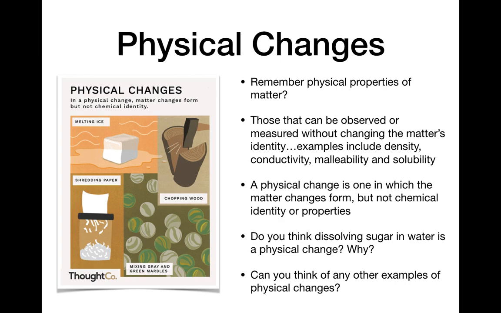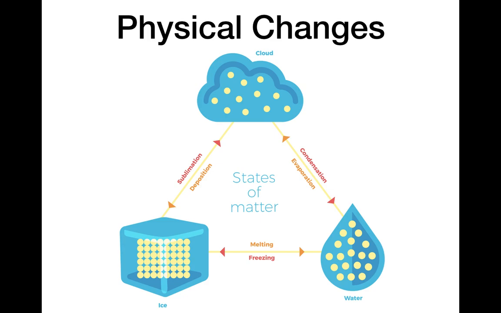You talk anything where you're changing state, if you're heating up a substance and changing it to a gas or from a solid to a liquid, that's definitely going to be a physical change. If you're mixing substances in a way that causes them to dissolve, like salt and water, just like we have sugar and water, that's also going to be a physical change and not a chemical change. Okay? So classic physical changes are going to be states of matter.